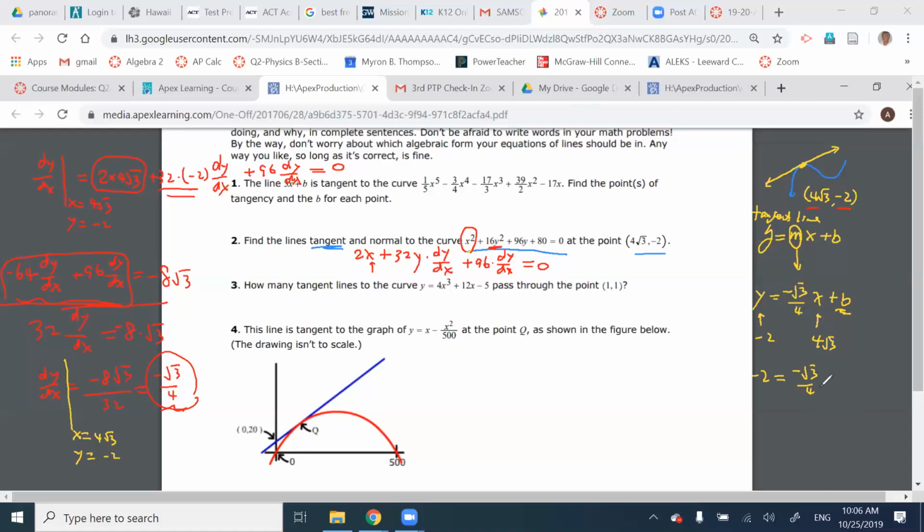We knew x equals 4 root 3, and plus b now. So the 4 cancels. -2 equals ... x plus b. Do you get the same answer as what I got?